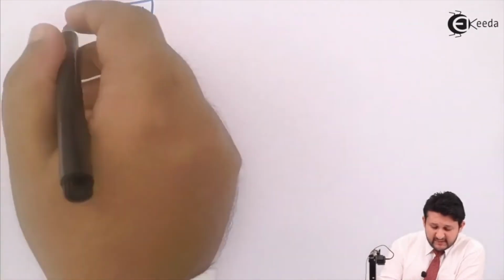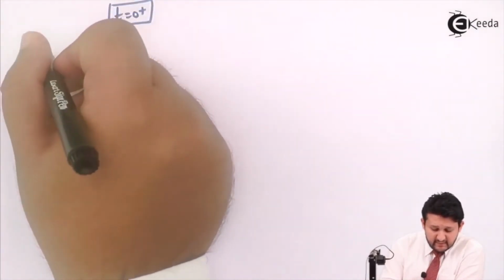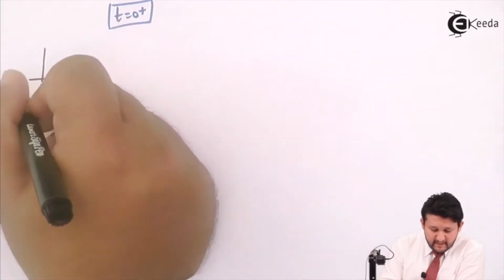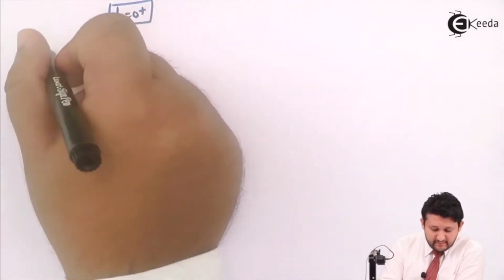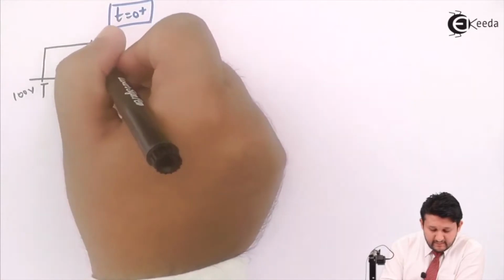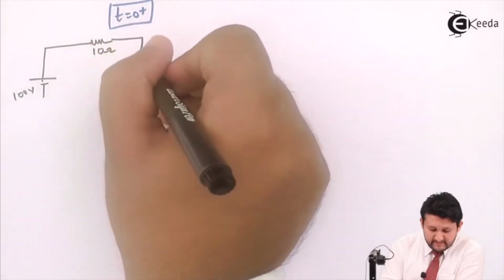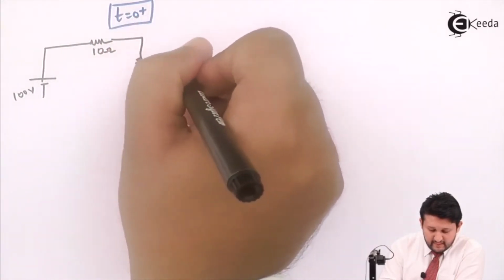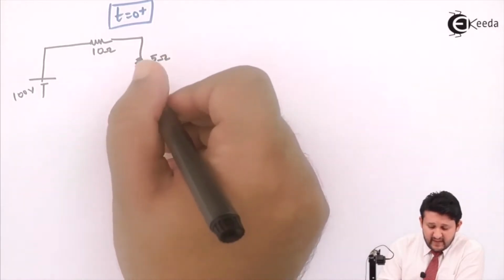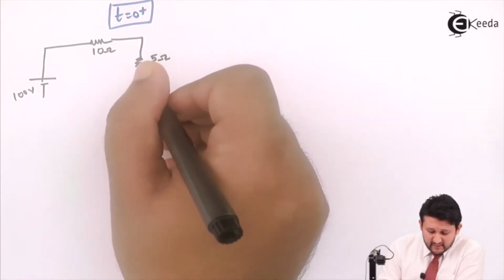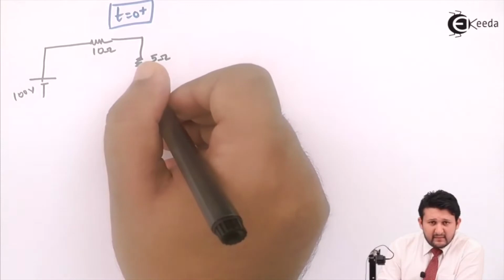For t equal to 0 plus condition, my dear friends, the circuit will behave having a 100 volt source, the switch is closed, having 10 ohm resistance, having 5 ohm resistance, having an inductor. The inductor in this case will oppose the current.